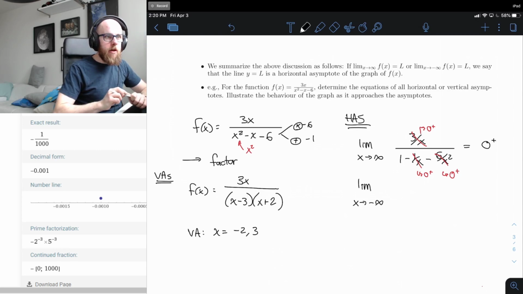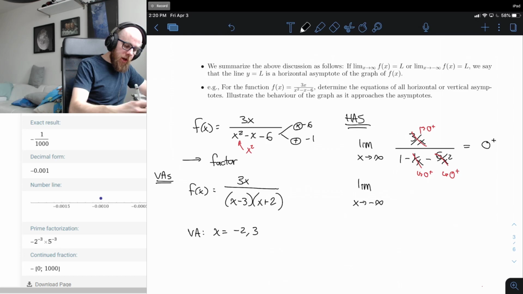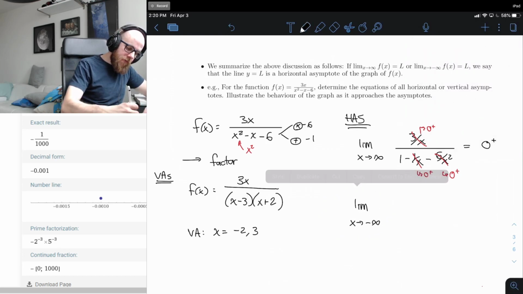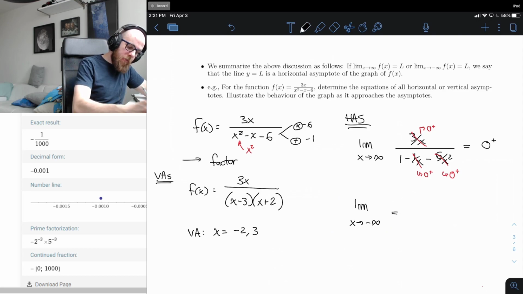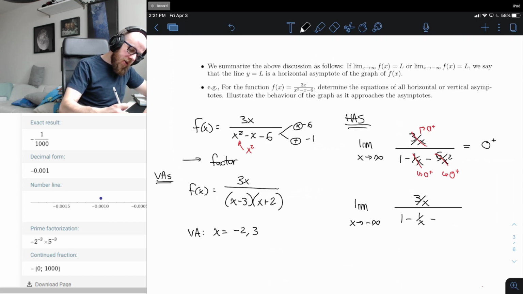Now, similarly, when we plug in -infinity, same idea. We're still going to divide by the highest power, so I'll have 3 over x over 1 minus 1 over x minus 6 over x squared.